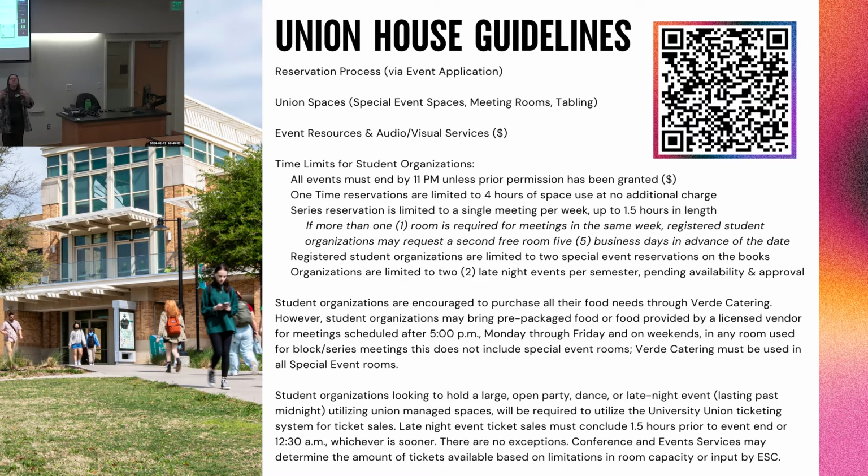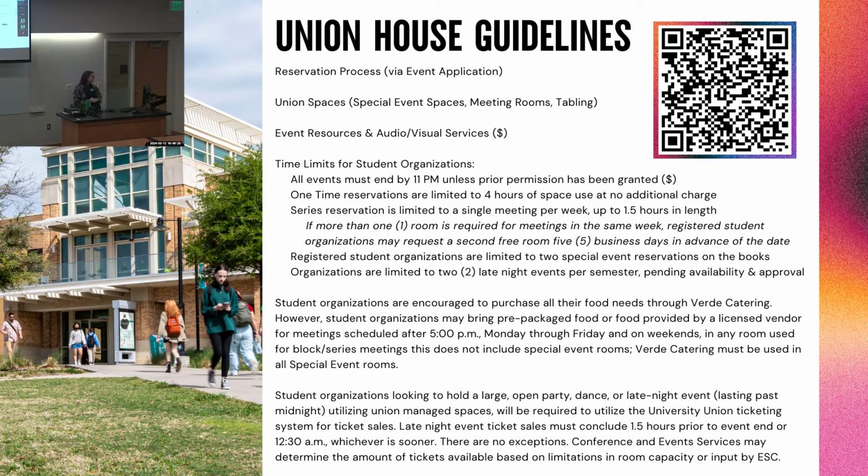And if you happen to need an additional room, because you're going to have two activities going on at the same time, or you need another room because you're going to have a speaker and this going on, not only would you submit the change request to your event application, but you would also let the union know that you need a second room 5 business days in advance of that meeting, because usually their processing timeline is also 5 business days.